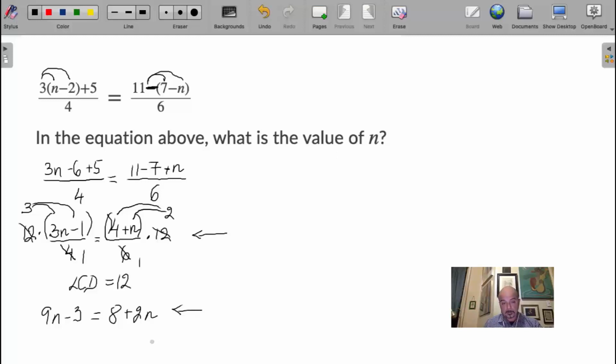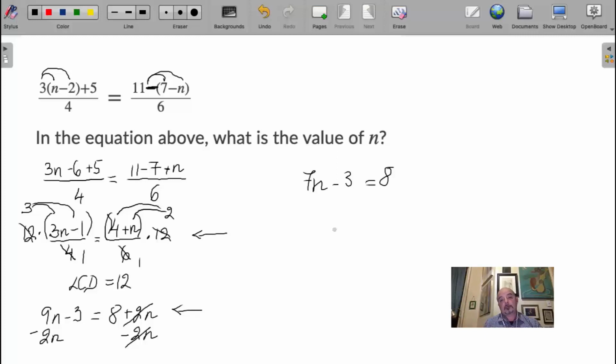So at this point, in order to solve, combine the variables to one side. I will subtract 2n from the right-hand side. And as we do in an equation, do exactly the same thing to the other side. They will cancel from here, and we will obtain 7n minus 3 equals 8.